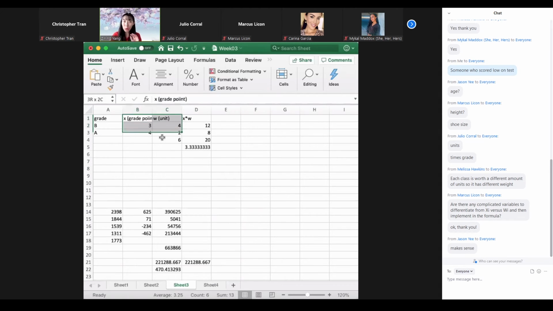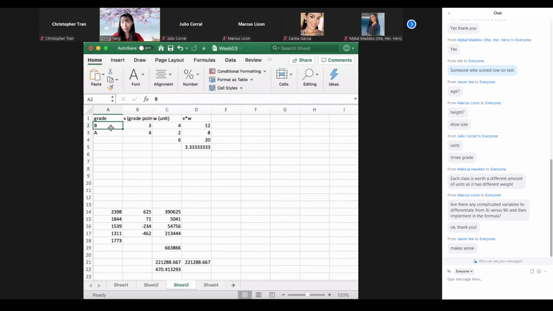So once we build this, just for example, if you are only taking 2 classes for simplicity, you are taking a 4-unit class and a 2-unit class. So we type unit 4 and 2. So type this here. And then let's assume you get a B in the 4-unit class, right?